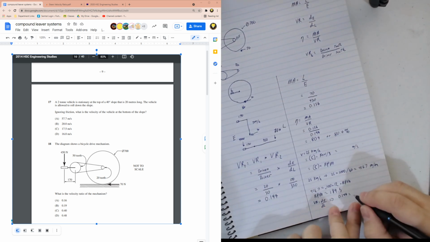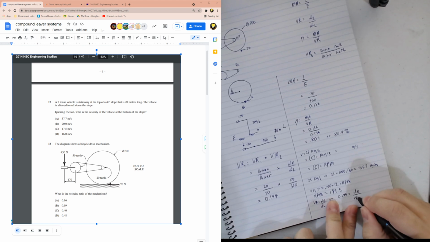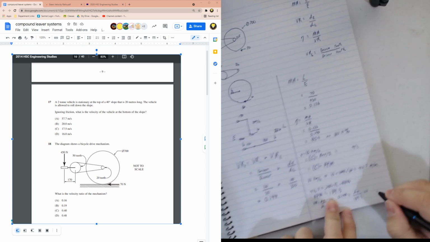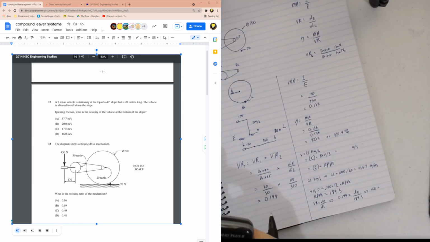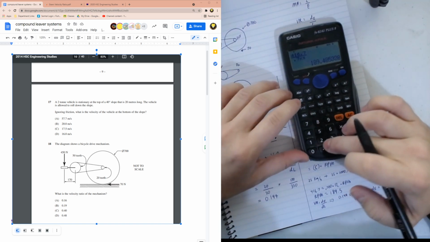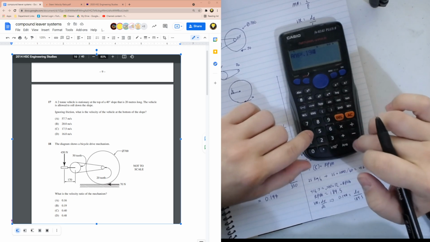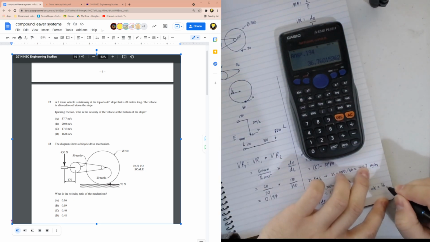We don't know what our dE is because that's what we want to find, but we know our dL is 189.5. So dE equals that times 0.194, which gives us 36.8 RPM.